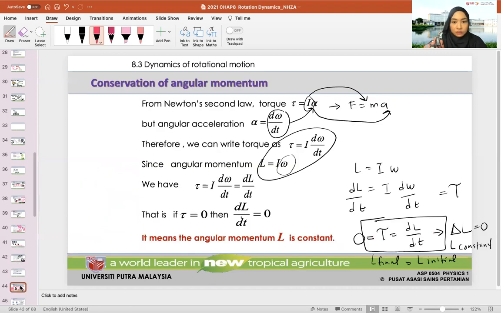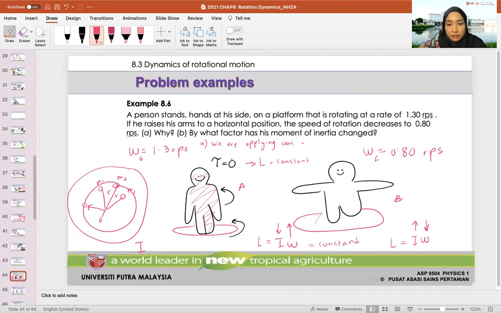Okay, we are applying conservation of L when torque is equal to 0. This is the assumption here, that no one is pushing this guy to rotate. Torque is equal to 0.